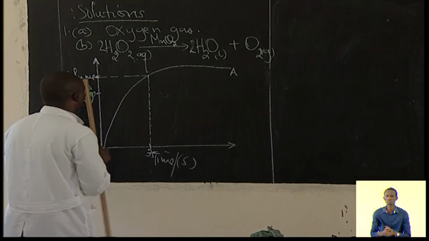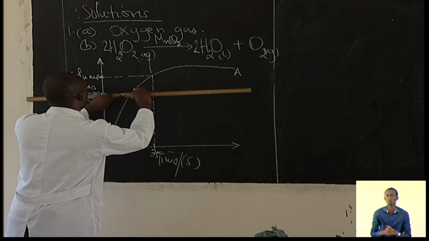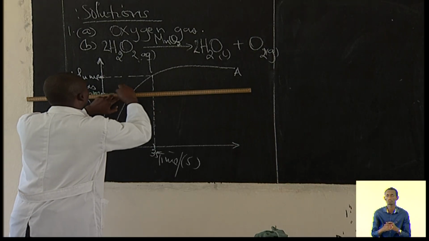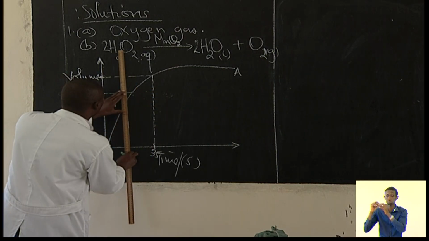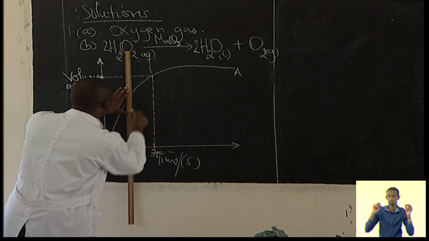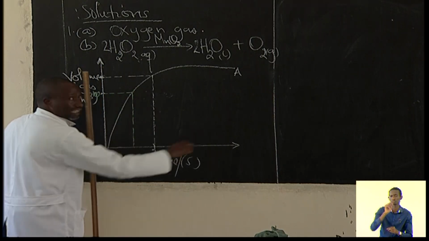Assuming this is 100, you draw a straight line touching the curve. And then again, draw another line, moving down to the time axis.